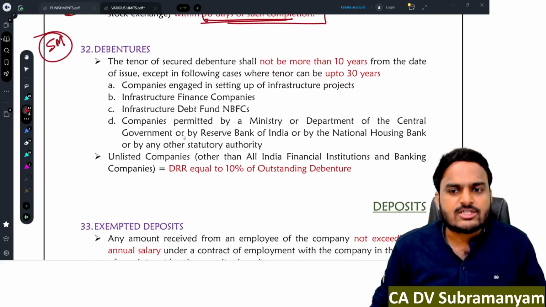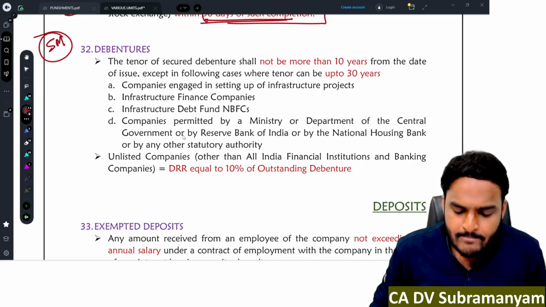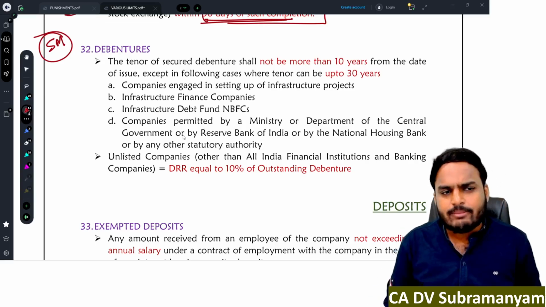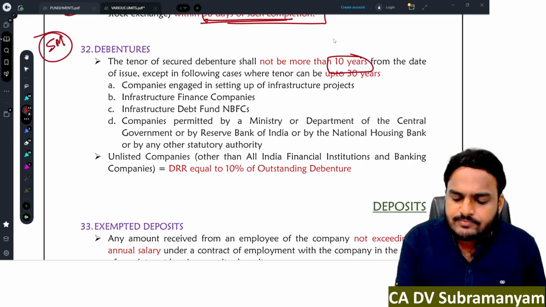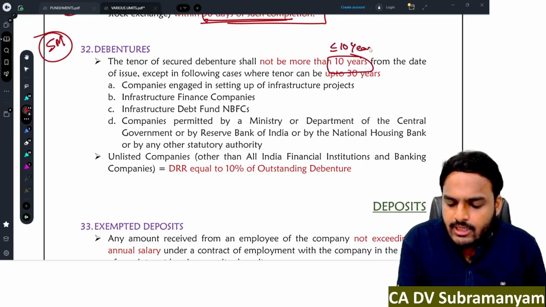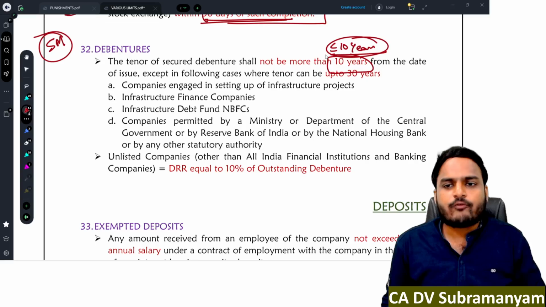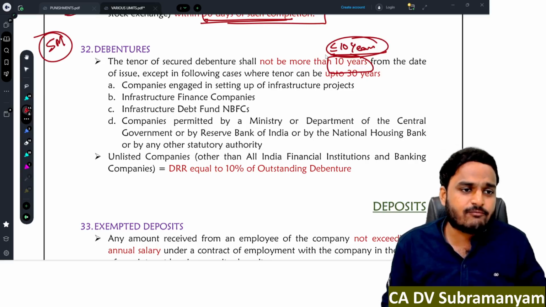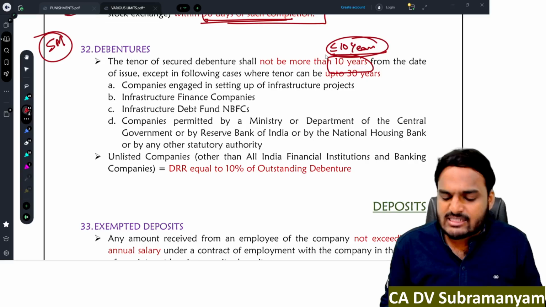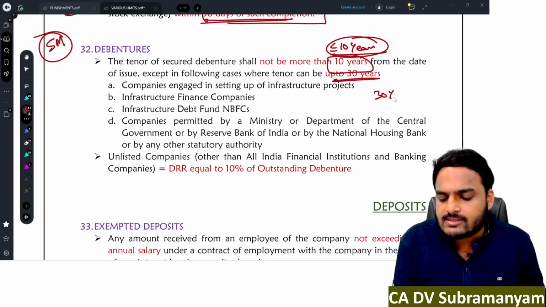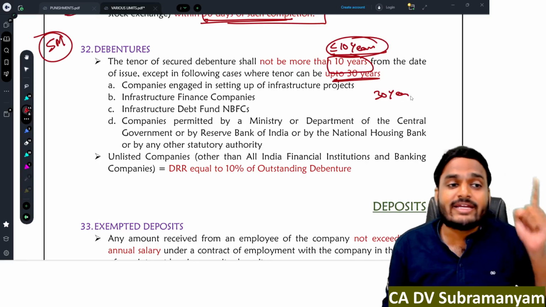Next one, debentures. Maximum tenure of secured debentures is 10 years. In case of companies engaged in infrastructure projects, infrastructure debt fund NBFCs, infrastructure finance companies, the maximum tenure is 30 years. For preference shares, it is 20 and 30.